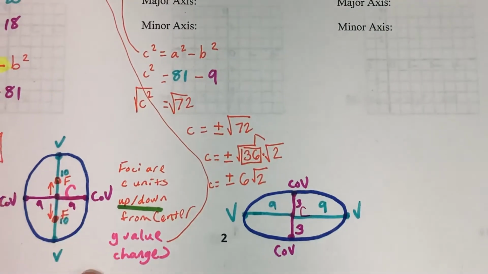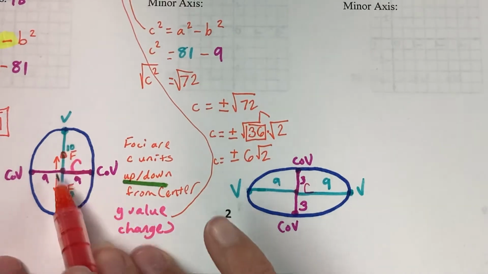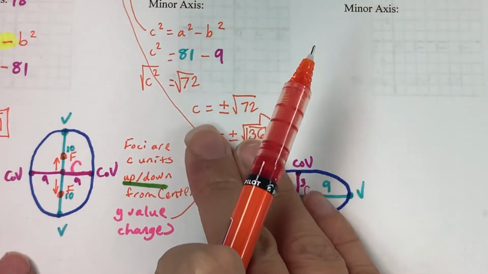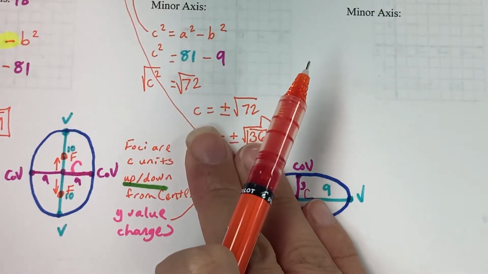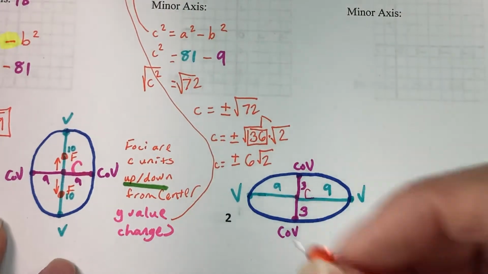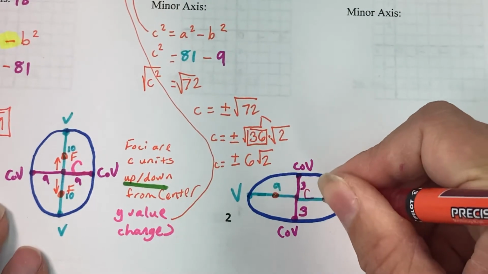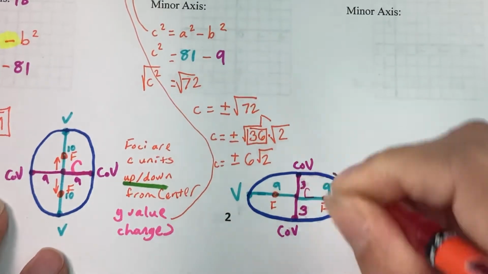And my foci always lie on the major axis. So here, my foci were vertical, since this was a vertical ellipse. Here, since my ellipse is horizontal, our foci are going to lie horizontally to the left and right of our center.